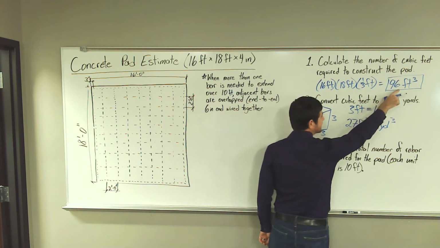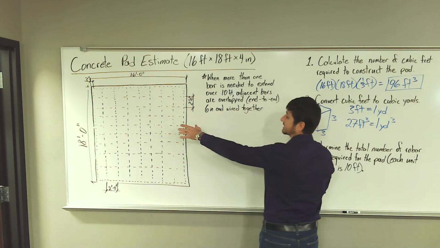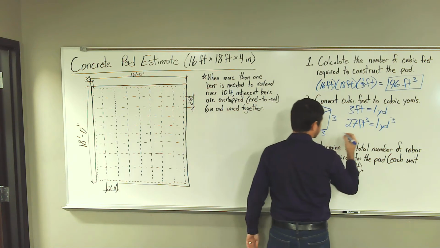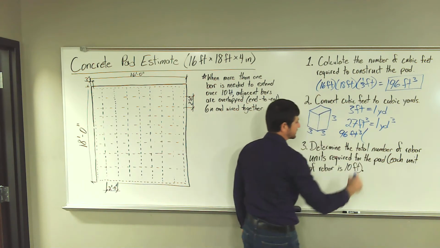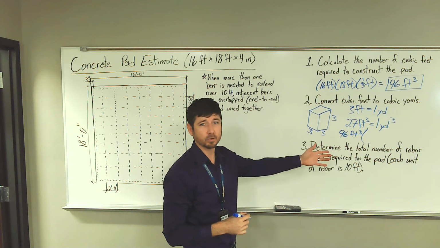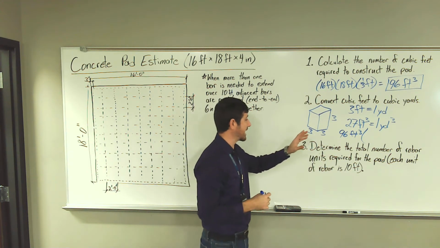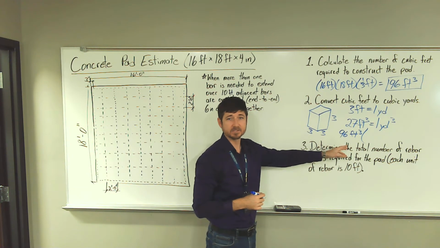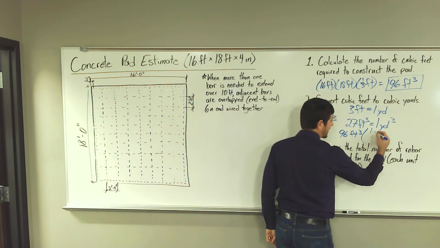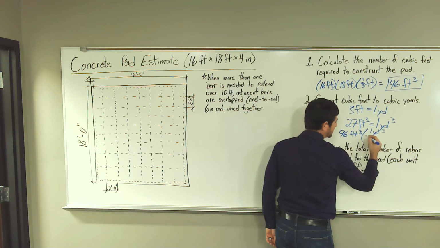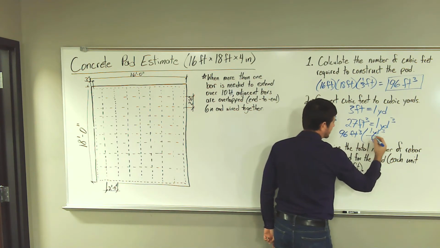Okay? Now, the question is asking us to convert cubic feet to cubic yards. So we have 96 cubic feet in our concrete pad right here. We're going to use dimensional analysis, so we're going to multiply by a ratio that will allow us to cancel the units of feet cubed. So we're going to multiply by 1 cubic yard divided by 27 cubic feet.